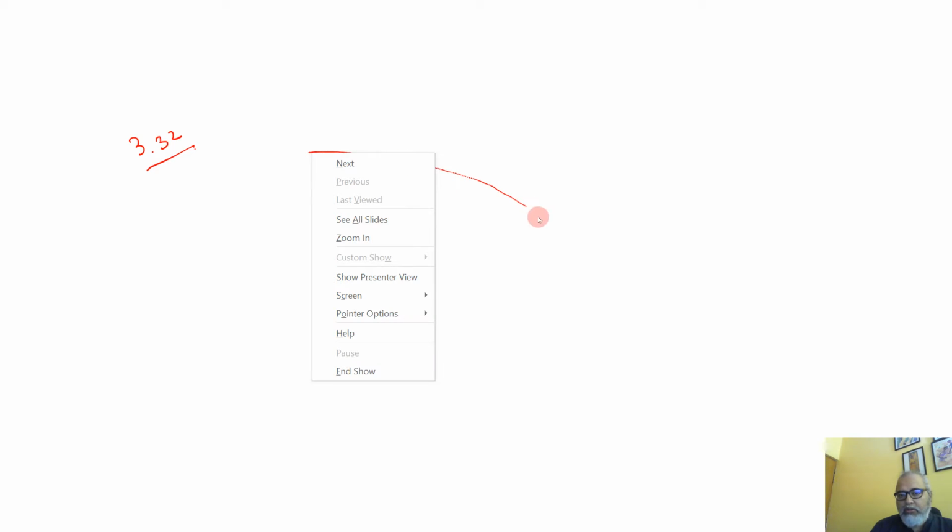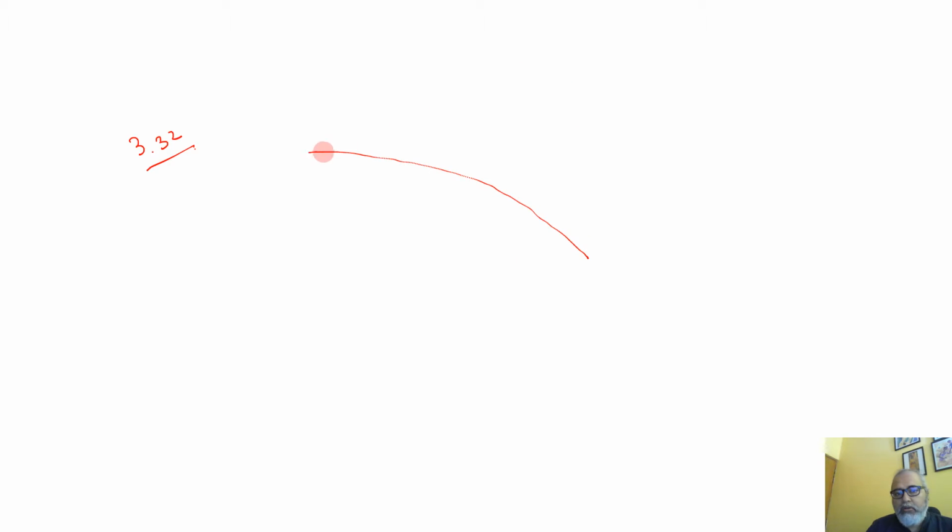So let me draw this. This was the beam, x-axis, and the tangent.